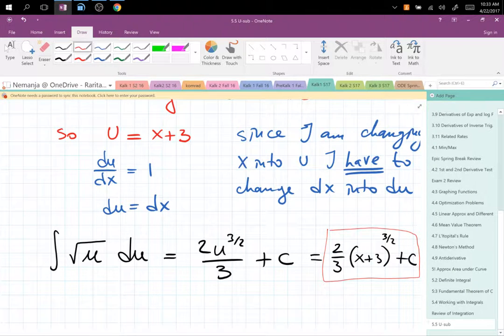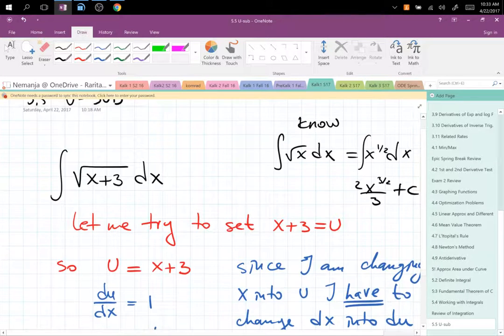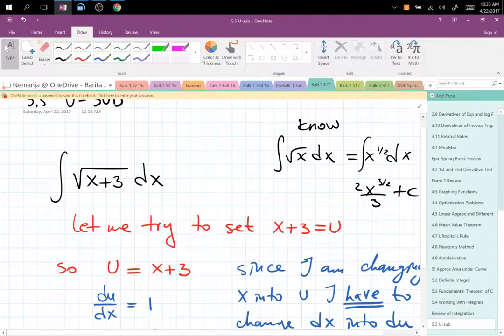So let's recap this problem. We are starting with the integral of the square root of x plus 3. And we don't know how to do that. It's not a basic integral.